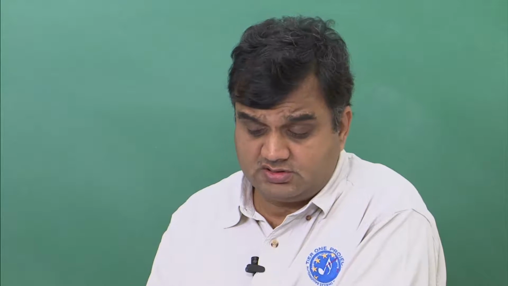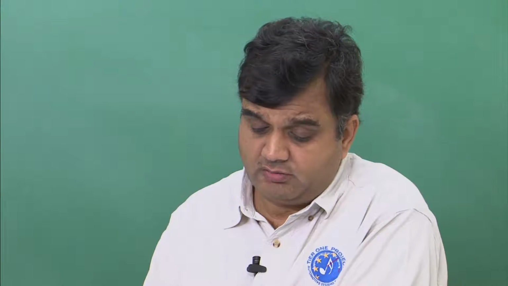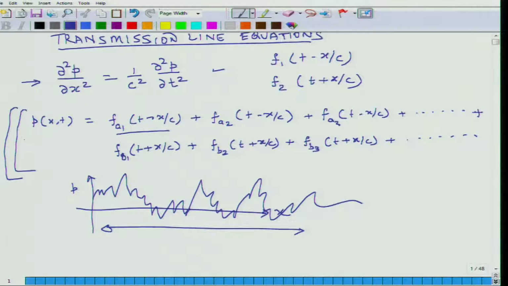So one possible form of FA1 could be in a sinusoidal or cosine format, and then I can add up a series of sines and cosines, and those also represent a solution. Making this more general, I can represent it in exponential format, something like e to the power of j(t minus x over c) times some complex function p plus, and this p plus could be p plus 1, p plus 2, p plus 3, and so on and so forth.